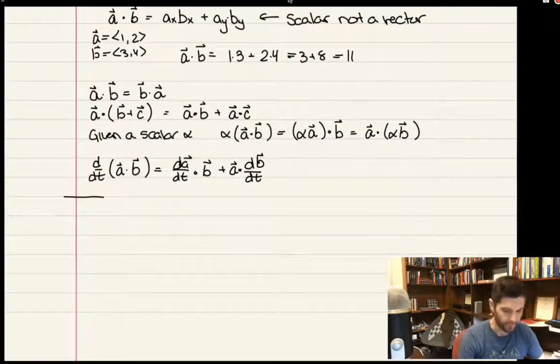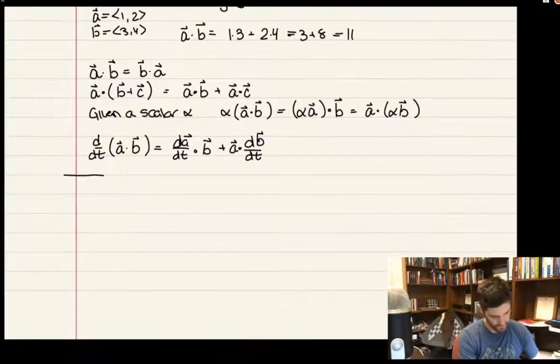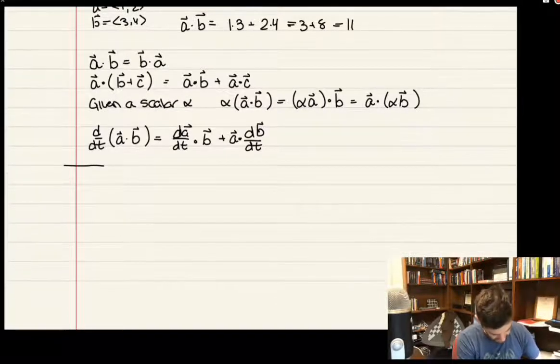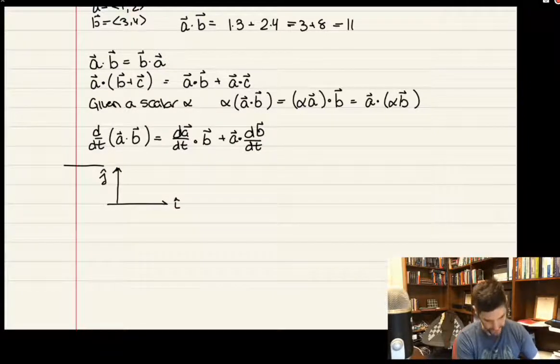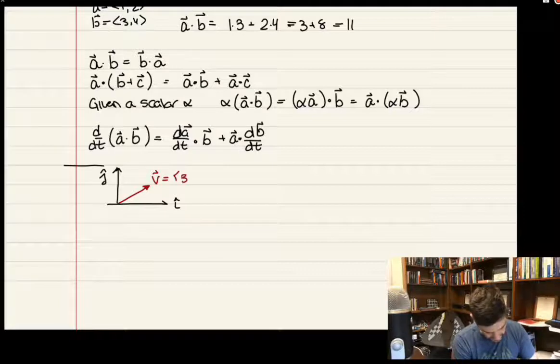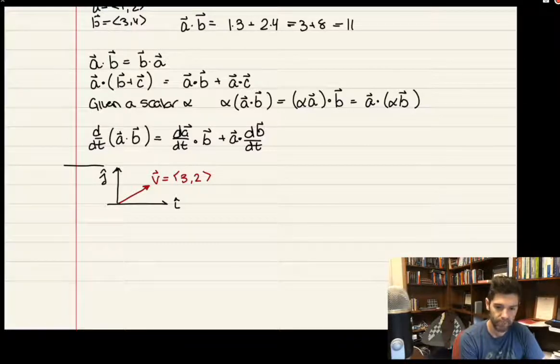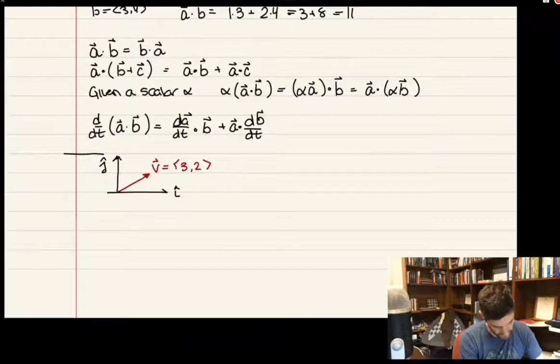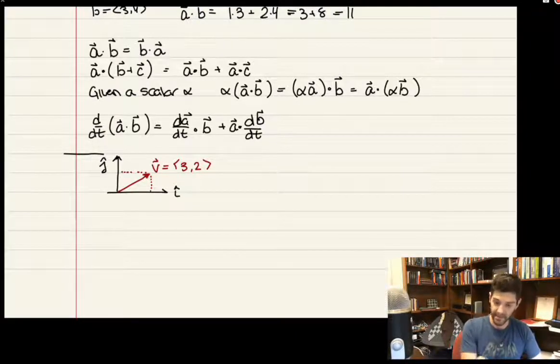All right, now let's look a little bit more into the geometry behind the dot product. Let's go back to our previous example where I had the i direction and the j direction. I had some vector, let me call it v, and maybe this is (3, 2). You could calculate how much the vector points in the horizontal or i direction and how much it points in the j direction.